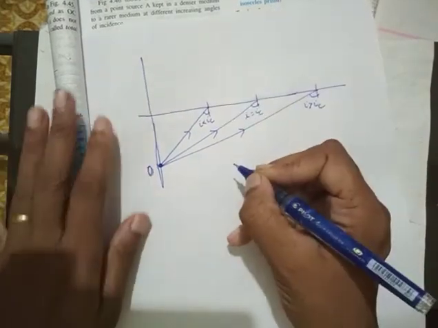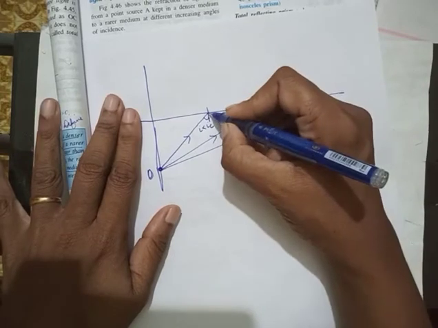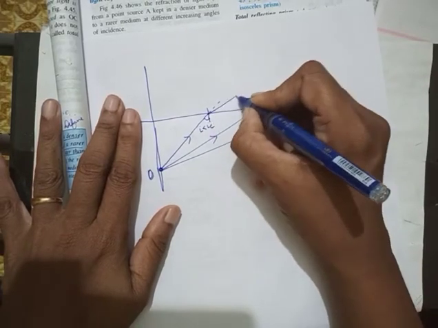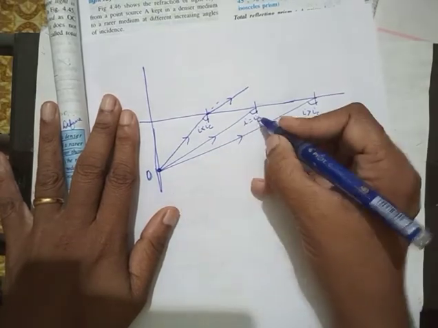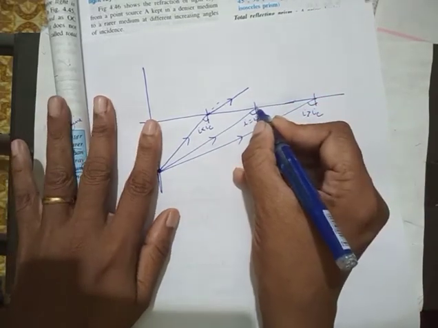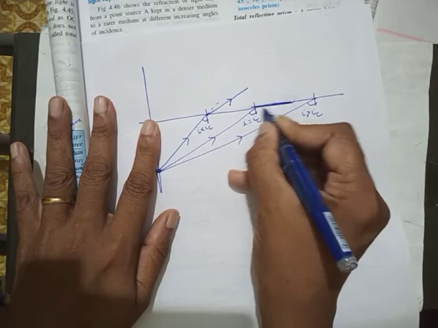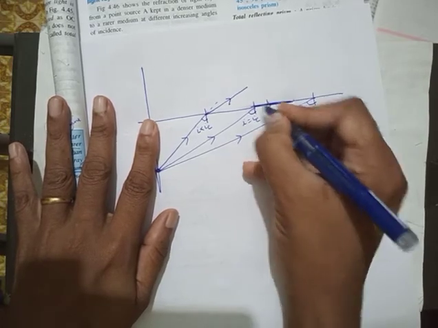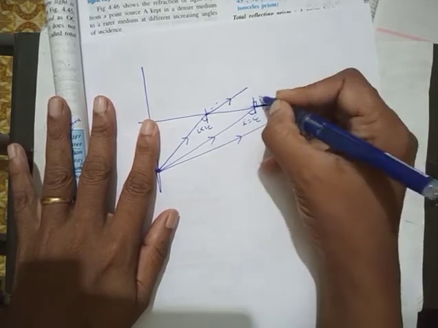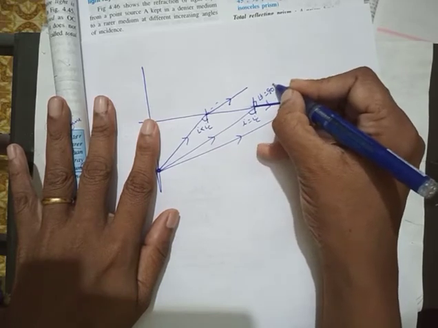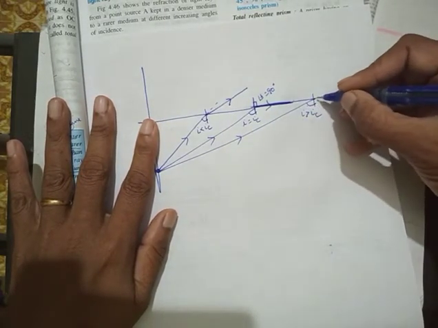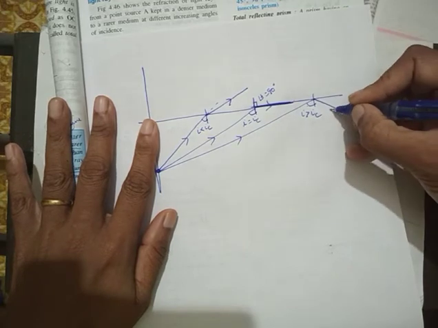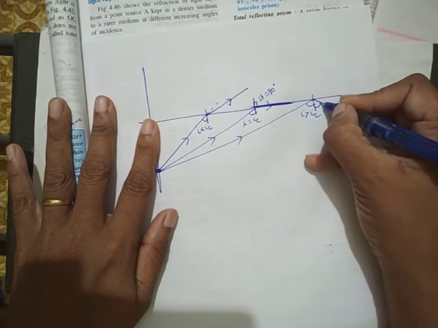Now let's draw the refracted rays. For the case I less than IC, ordinary refraction, your refracted ray will be like this. For the second case, I equal to IC, you darken this line and show that angle R is 90 degrees. In the third case, I greater than IC, the ray will be totally internally reflected at the same angle.